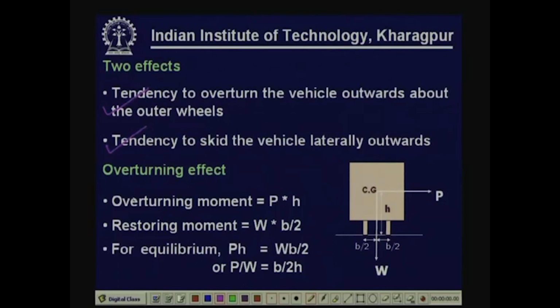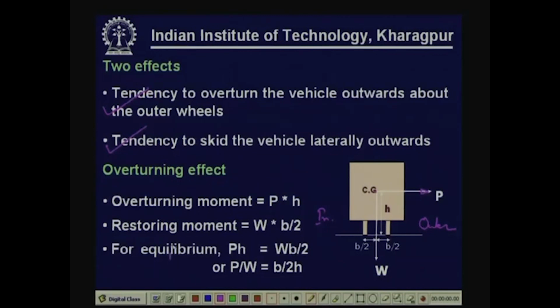Now, let us try to understand the overturning effect. Let us consider a vehicle with the CG of the vehicle located at this point. The centrifugal force P is acting outward. Obviously, this is the outer edge and this is the inner edge of the curve. Centrifugal force P is acting outward, and the weight of the vehicle W is acting like this.